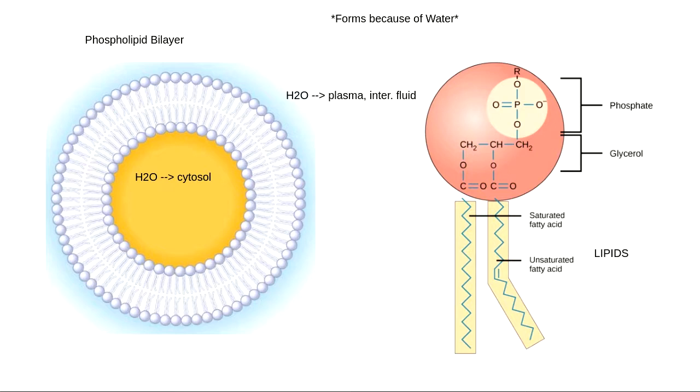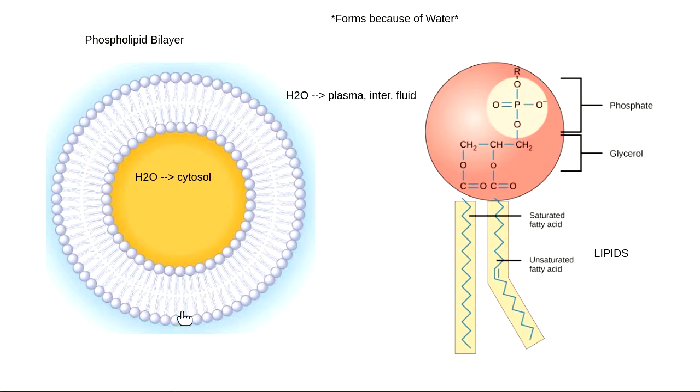Okay, so check this out. I have 2 layers of phospholipids. These 2 layers of phospholipids, in the very middle of them, inside the cell, there's water. On the very outside of them, we also have water when we're outside the cell. But notice the parts that are touching water are always these little circles that we see right here.